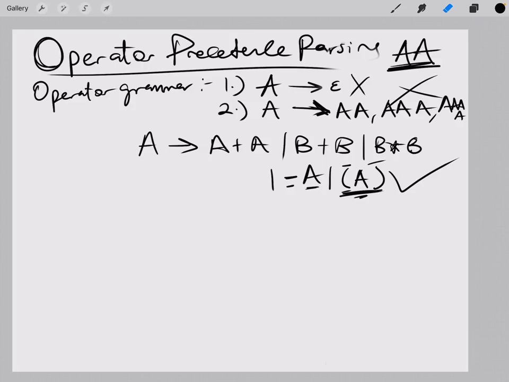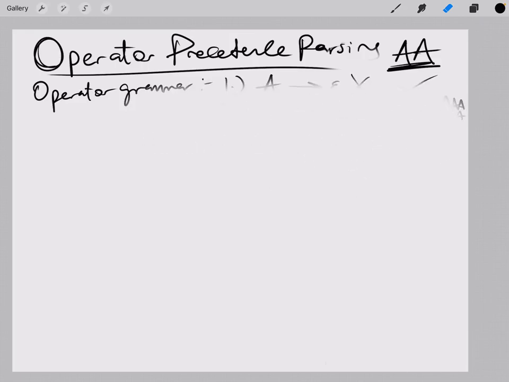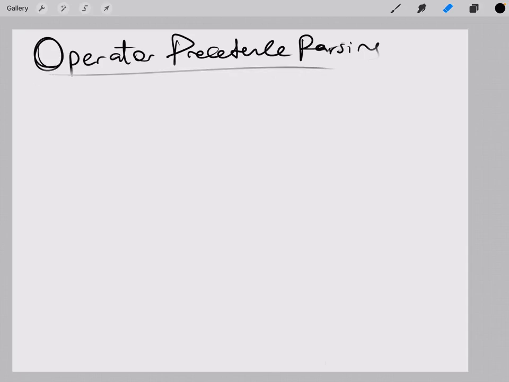Now, having established that, we are going to use an example to clarify how to deal with operator grammars and how to make them in case you do not have them. Say we are given this example. We have the following grammar.